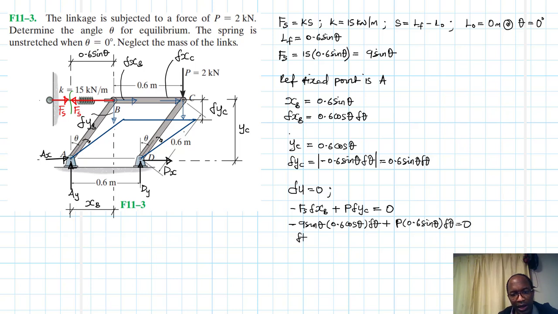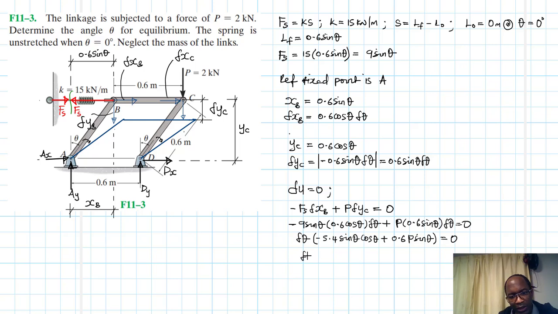So if we factor out del theta, then we'll have what is 9 by 0.6. So we have a minus 5.4 sine theta cos theta plus 0.6P sine theta equal to 0.